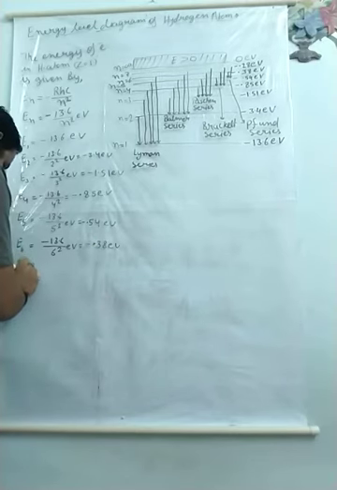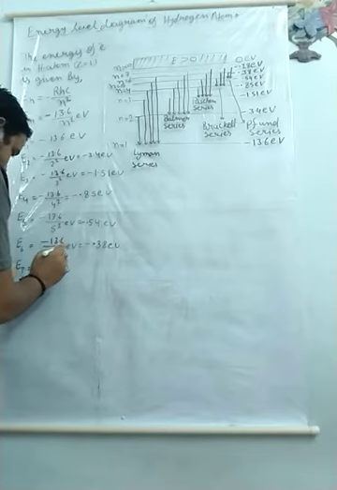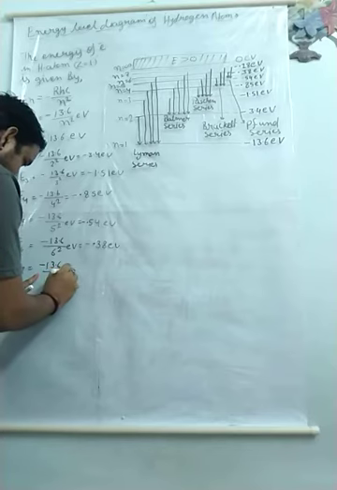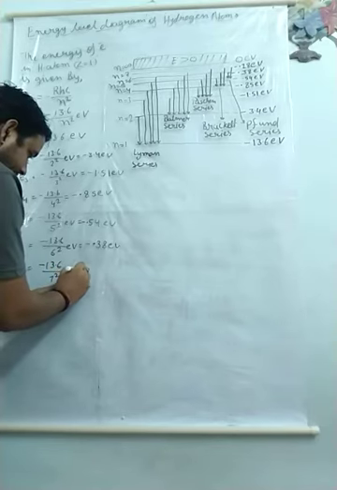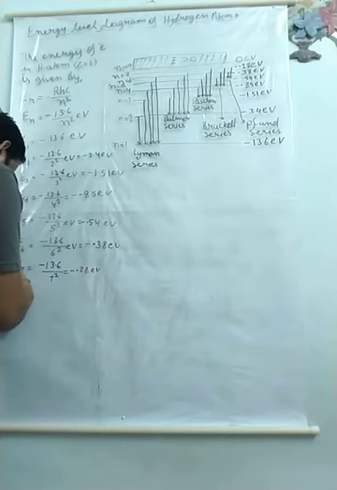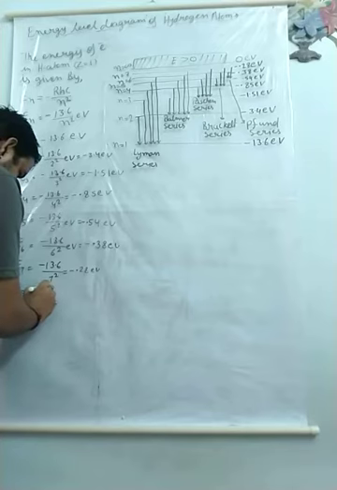And for E7, upon square of 7, it is minus 0.28 electron volt. And similarly for n equal to infinity, it is calculated as 0 electron volt.